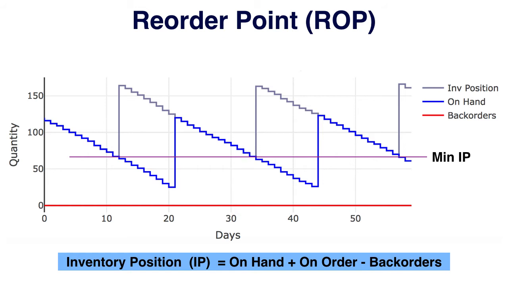Take the minimum of the inventory position and the zero position. That distance is the reorder point. What does it tell us? When the inventory position is equal to the reorder point, we place an order, and that's why the inventory position immediately shoots up. The on-hand inventory doesn't shoot up immediately. It shoots up a bit later after the replenishment time.